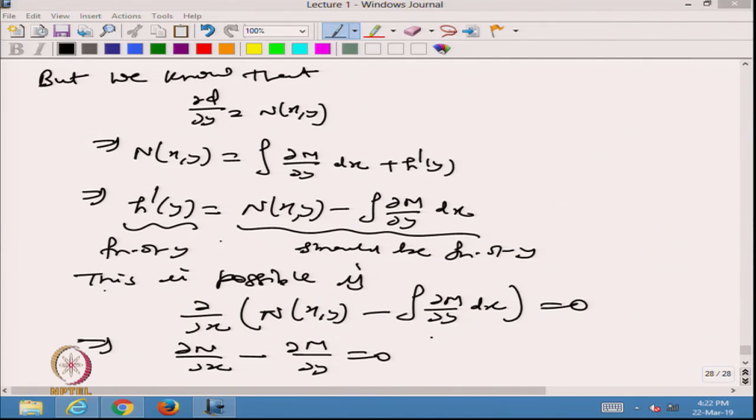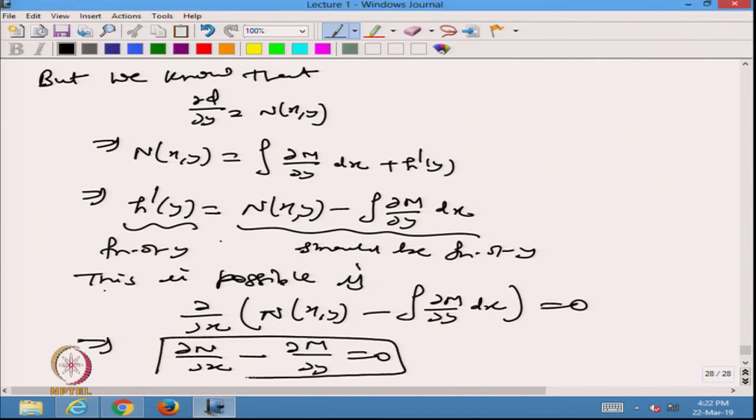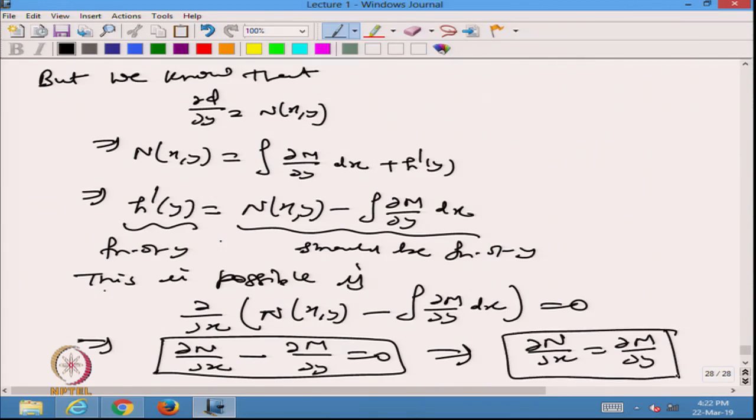By the fundamental theorem of calculus I will get only del M by del y. So from here I get del N by del x is equal to del M by del y.